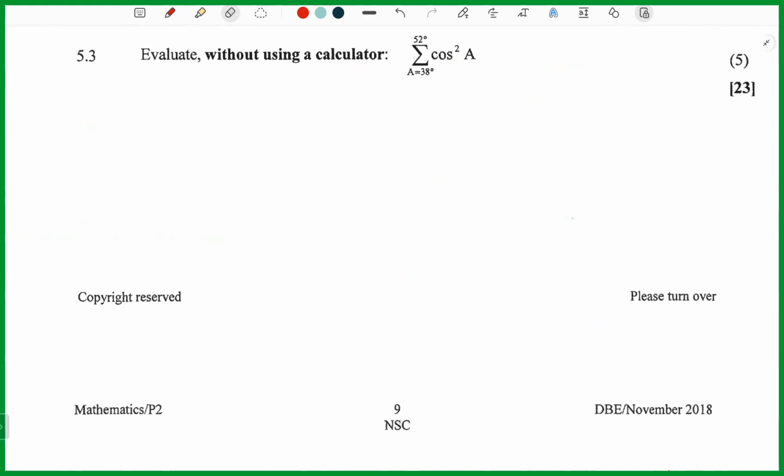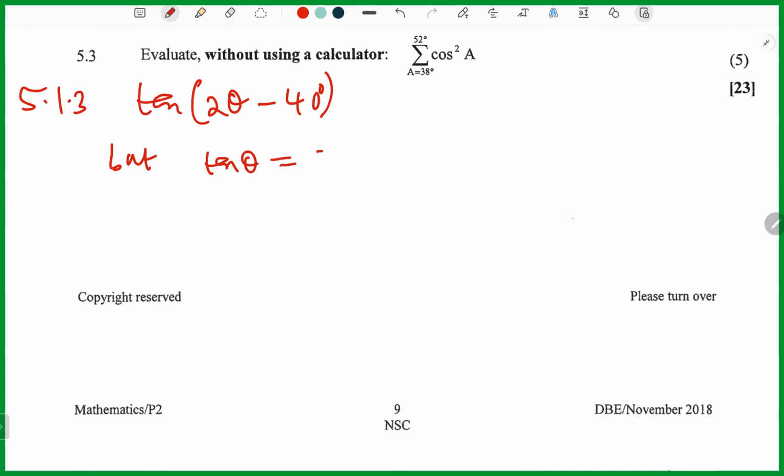At this point, we are answering the question 5.1.3, and we want to get the value of the tangent of 2 theta minus 40 degrees. But the tan of theta, we got it from the question above, is minus 1/2. Now what we do at this point, to get the value of theta, we first find something called the reference angle, and the reference angle becomes arctangent of the positive.